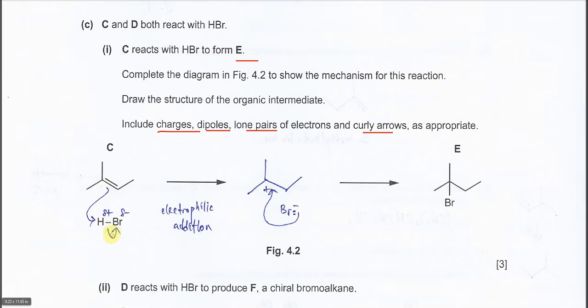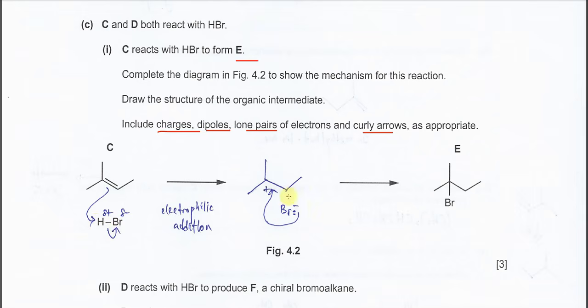So it breaks heterolytically. Of course, you need to put dipoles on the hydrogen and the bromine: partial positive on hydrogen, partial negative on bromine. And you must draw these two arrows showing the bond formation. The C will form a new bond with H, and the H-Br bond breaks.